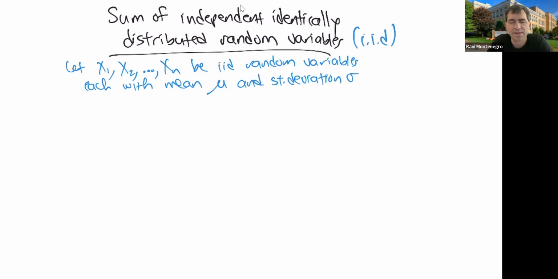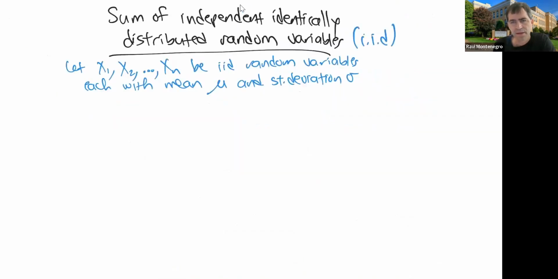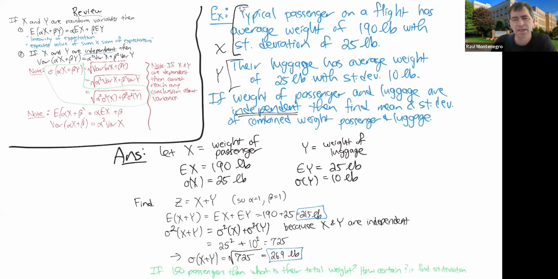In the example we are looking at, these might be a bunch of passengers. The passengers have an average weight of 190 pounds, or when we looked at the combination with their luggage, they averaged 215. And then they had a standard deviation. When we looked at this with luggage, the standard deviation was about 27 pounds.